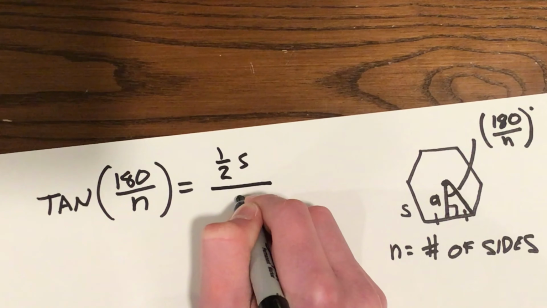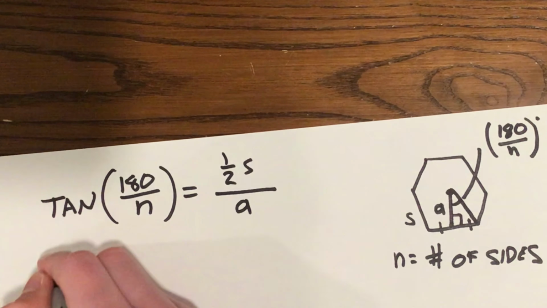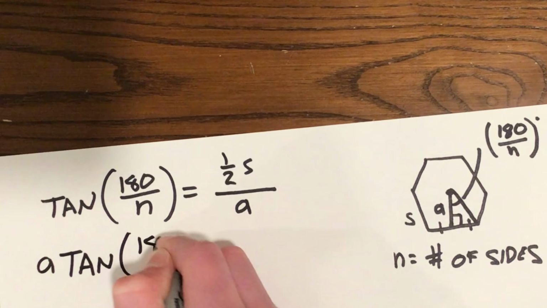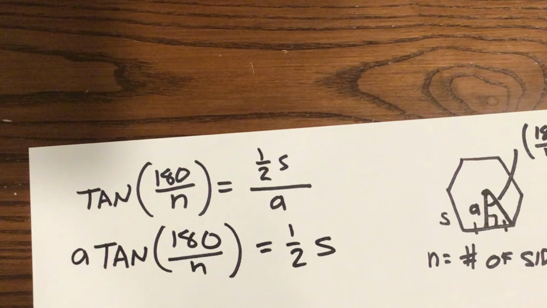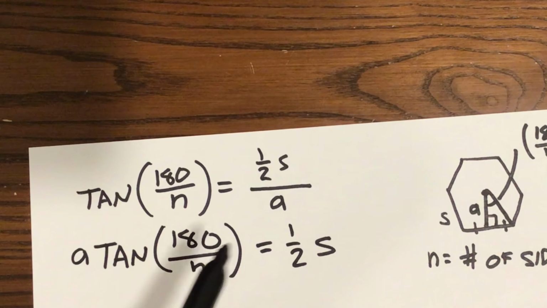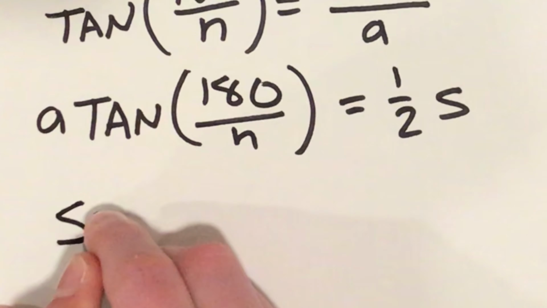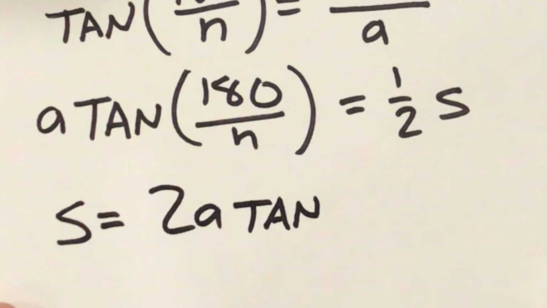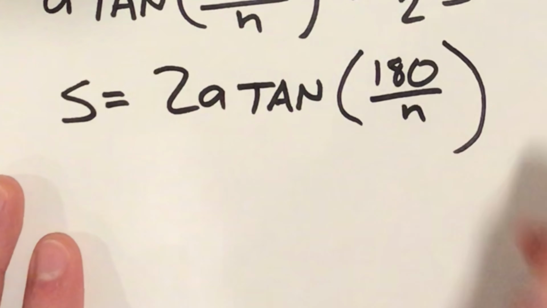We can arrange this equation to isolate s, so we can leave everything in terms of the apothem. Now we have a times tangent 180 over n equals 1/2 s, and then we can multiply 2 to both sides, and that will give us s equals 2a times the tangent of 180 over n degrees.